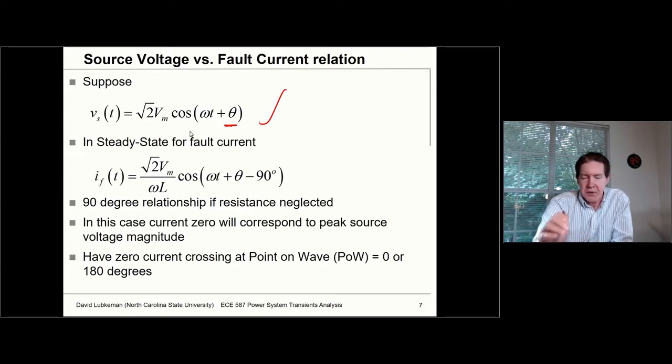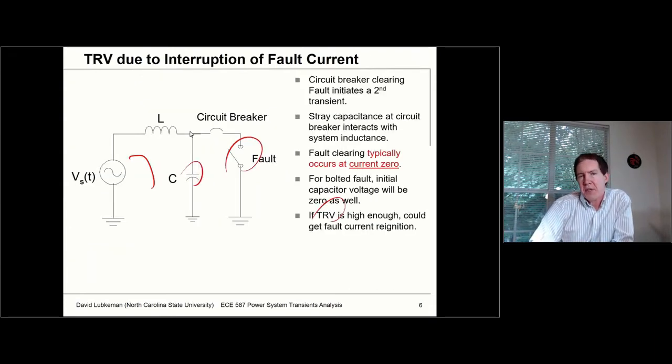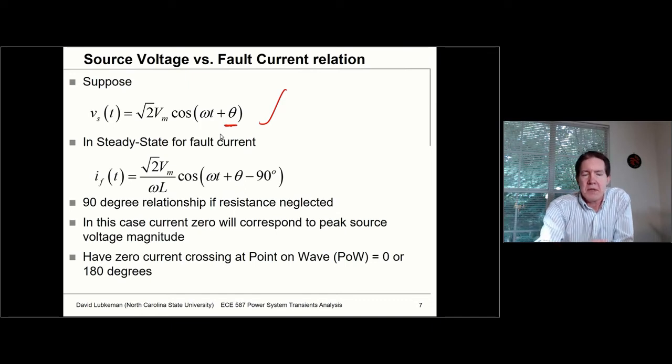If I have just inductance and a dead short circuit of zero impedance, I get a steady state current where the peak of the current is found by taking the peak of the voltage and dividing by omega times L. Then we have a minus 90 degree phase shift if we neglect the resistance in the circuit.